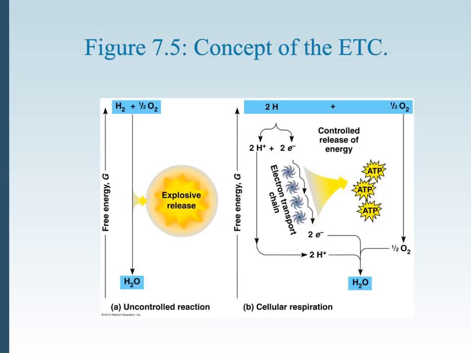Well, something very similar happens with the electron transport chain. With the electron transport chain, we slowly release the potential energy that is harnessed in that electron as it goes down the electron transport chain. And as we slowly release that energy, we're able to produce ATP.